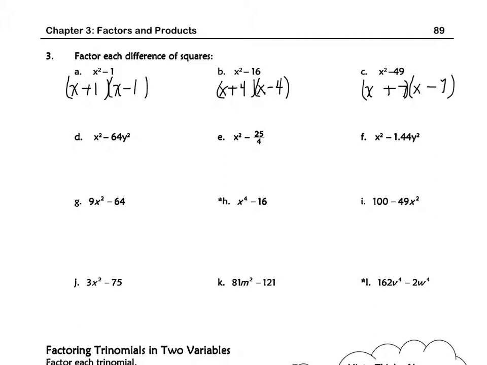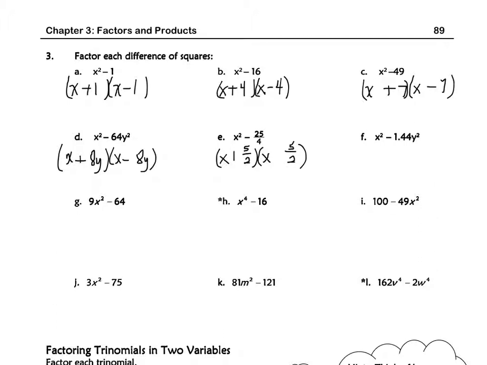Again, this is a difference of squares. First, the square root of the first term would be x. The square root of the second term would be 8y. So you need one to be plus and one to be a minus. And the next one, we'd have x, and the square root of 25 over 4 is the square root of 25, which is 5, over the square root of 4, which is 2.